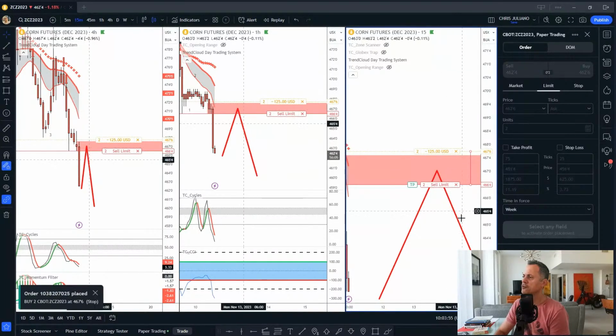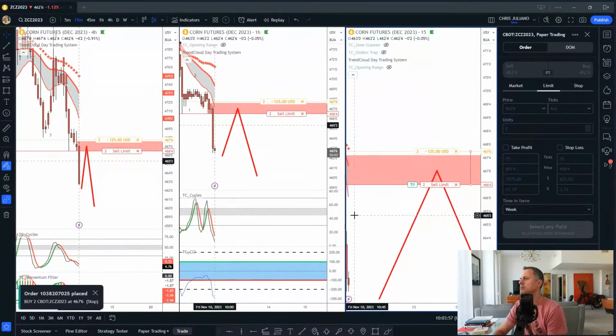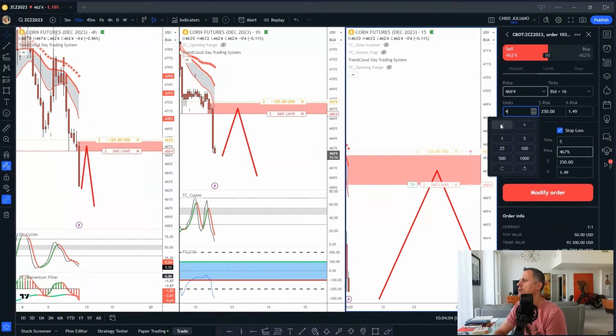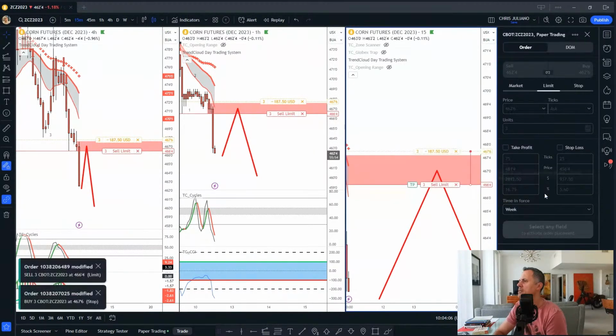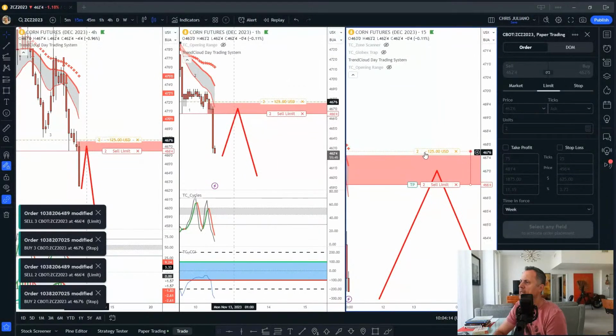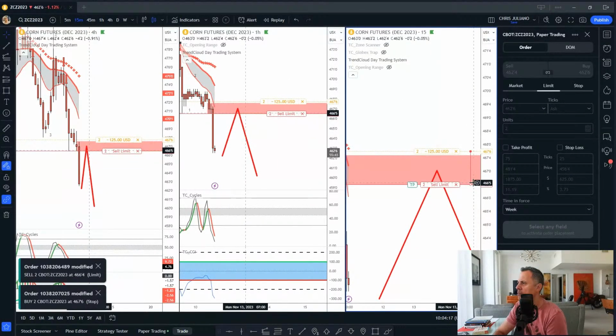Two contracts, $125. Let's see. Okay, so with this, I didn't mean to do that. Two contracts. We know we can have one more contract, right?